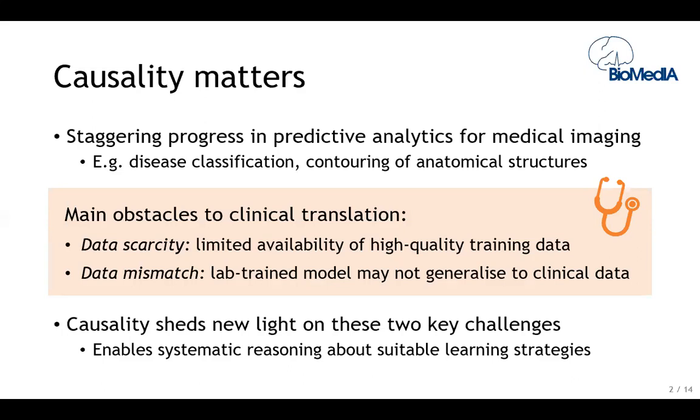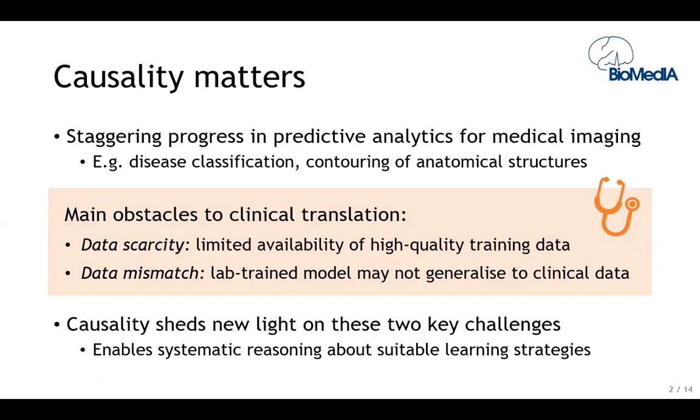Yeah, okay. So, we've seen incredible progress in accuracy for tasks like disease classification or semantic segmentation, even approaching human levels of accuracy. Now, the problem is that we don't always see these successes translated into wider clinical practice.